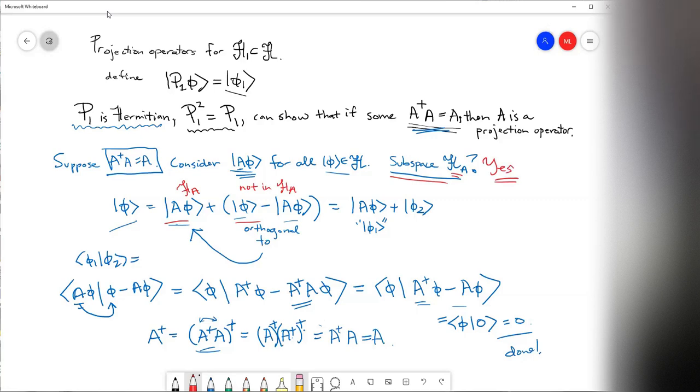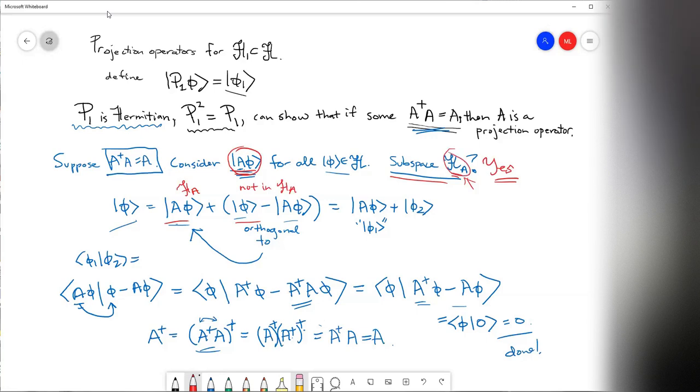I mean, it should be. Other properties would be just like showing that this is a vector space, that linear combinations of vectors in here are in this space also. That should make perfect sense because operators are linear. The operator is linear, so it distributes over linear combinations. So any linear combination of these guys is also going to be in here.